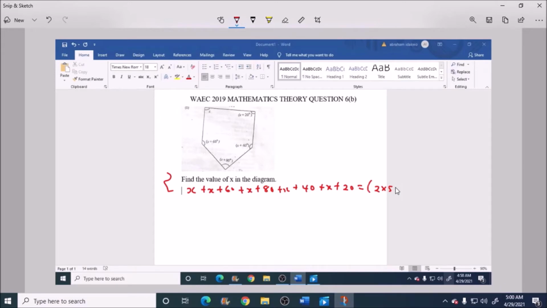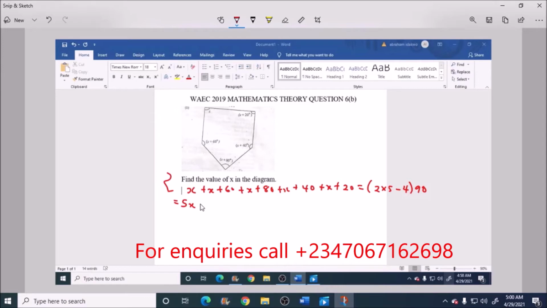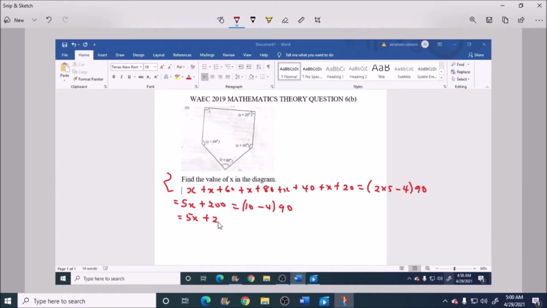So we have 5x + 200 equals (10 minus 4) times 90, which is 5x + 200 equals 6 times 90. This is 5x + 200 equals 540.